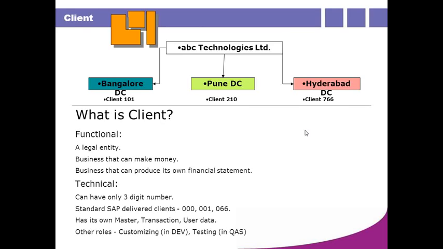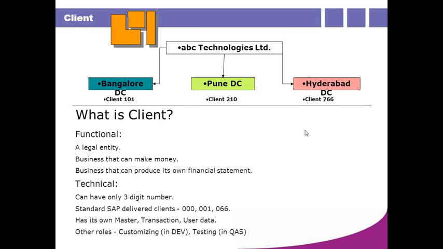That means my requirement here is that physically my data is in the same single database and logically it is separated. I don't want the Bangalore team to see or modify Pune and Hyderabad data, and vice versa. How is it possible? Yes, this is possible through the client mechanism in SAP.